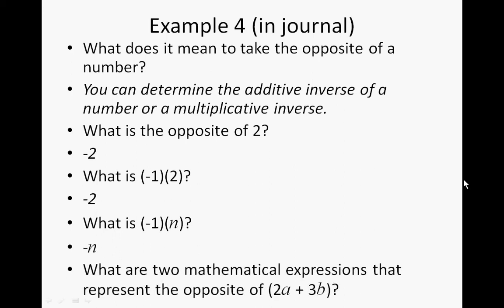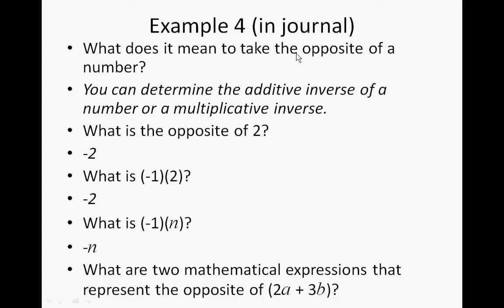So what are two mathematical expressions that represent the opposite of the quantity of 2a plus 3b? Remember, look up here at the top as to what's going on to see if you can figure this out. Well, we can multiply the quantity of 2a plus 3b by negative 1, or we can just say take the opposite of the quantity of 2a plus 3b.